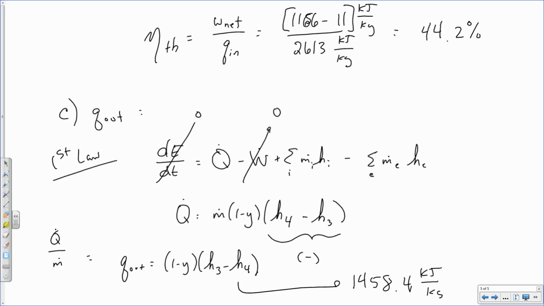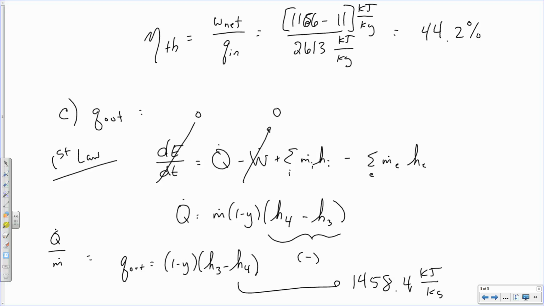I said that pretty quickly. Let me repeat myself. Oftentimes it's a lot easier for us to study these cycles in terms of positive heat exchanges or positive work. Now, we've had a sign convention that dictates that heat added into your system is positive, heat leaving your system is negative, or the opposite is true for work. Work done by your system on the surroundings is positive, work received by your system from the surroundings is negative.